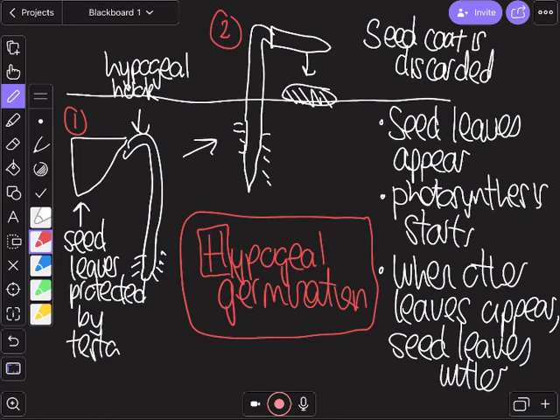So the energy is being used for respiration to grow the radicle down, and then the energy is used to make this part of your plumule start moving, growing up. And once it's up and it's now, I suppose, run out of energy source, it gets rid of the seed coat, and now my leaves are there and I'm ready to start photosynthesizing.